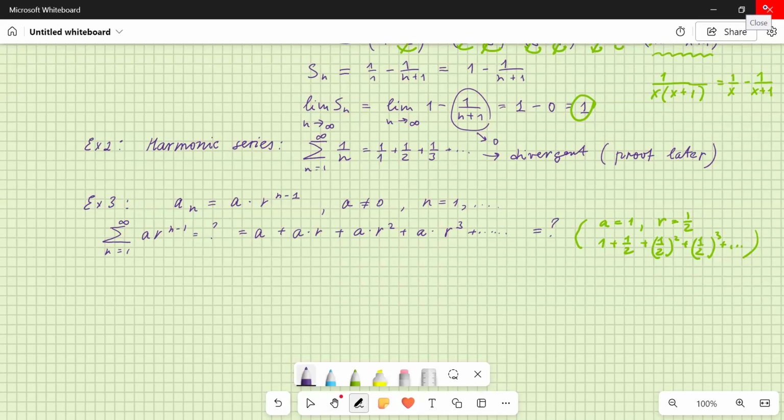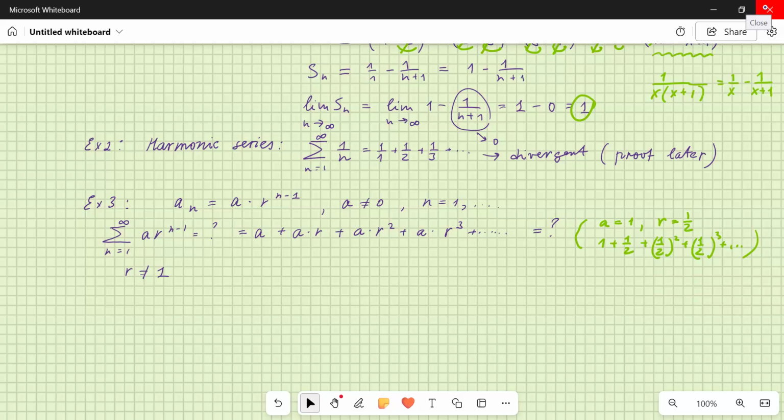Well, imagine that r, let's set up r not equal to 1. What is going to happen when r equals 1? If r equals 1, we are going to have a plus a plus a plus a plus a. Well, if we have infinitely many a's, no matter whether a is big or small, infinitely many same numbers is going to bring you to infinity.